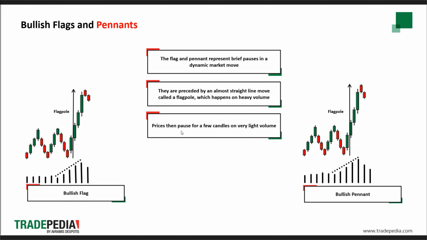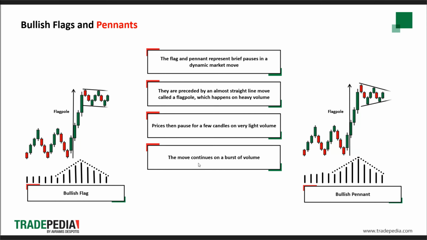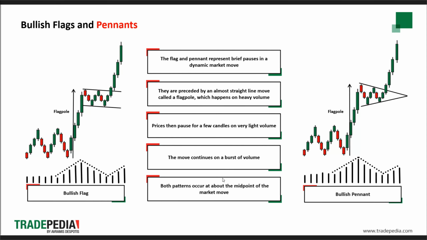Then the price pauses for a few candles on very light volume. The move continues on a burst of volume. Both patterns occur at about the midpoint of the market move.